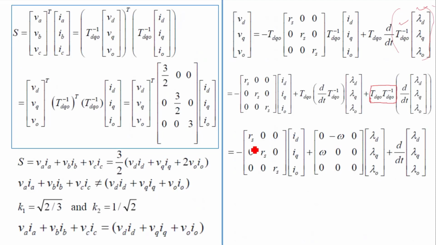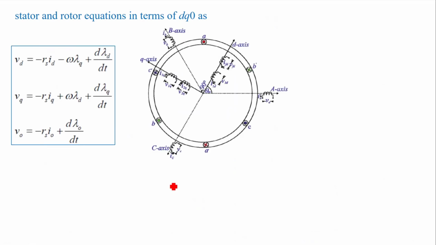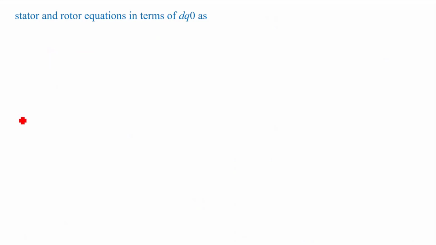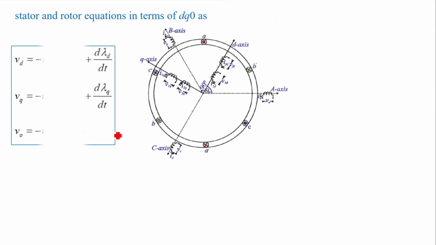Now, this is your expression for VD, VQ and VO. Now we'll see the transformation in the flux linkage equation itself. So the stator and rotor equations in terms of dqo, we can write here. The VD, VQ, VO will become, from this equation, as this.